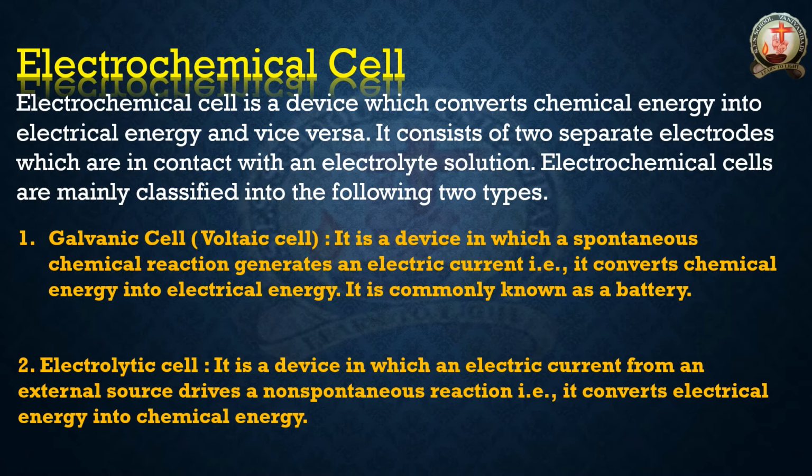Once the battery is drained, we insert an external electrical source through the charger from the plug point. The external electrical energy goes inside the battery and is converted into chemical energy. After the battery is filled, the chemical energy starts converting back into electrical energy.